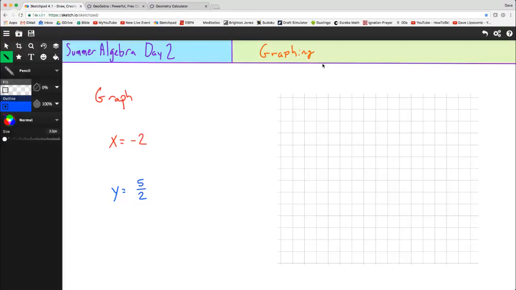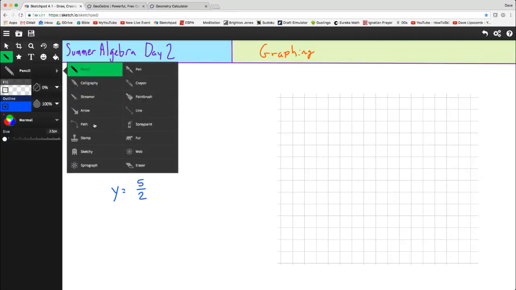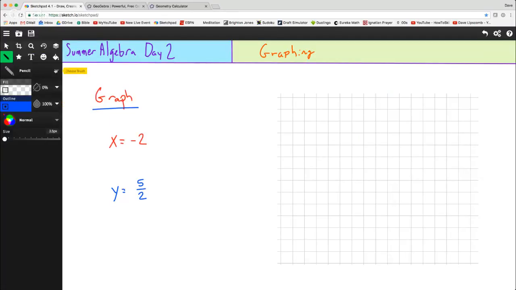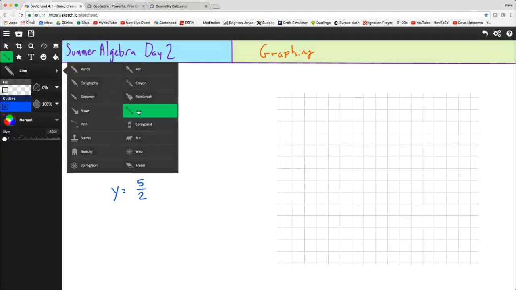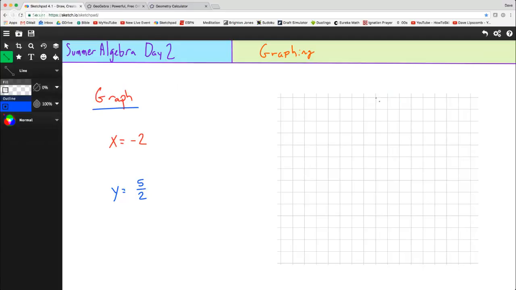One final piece. If we want to graph x equals -2, there are a couple ways to think about this problem. Let's get our graph here. That wasn't exactly good.